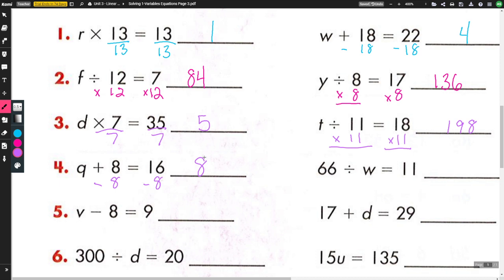Again, we have where my variable is second in a division or subtraction problem. What I'm going to do is change the W with what it equals. I'm just going to flip them over.